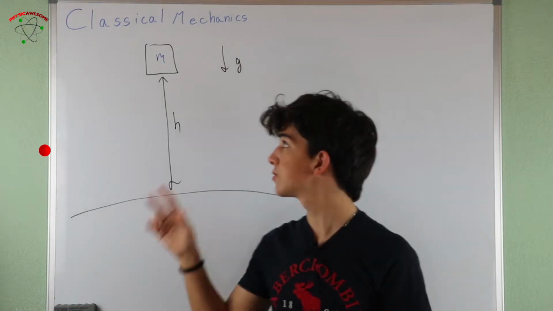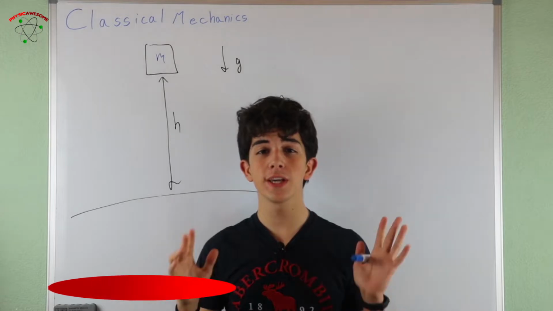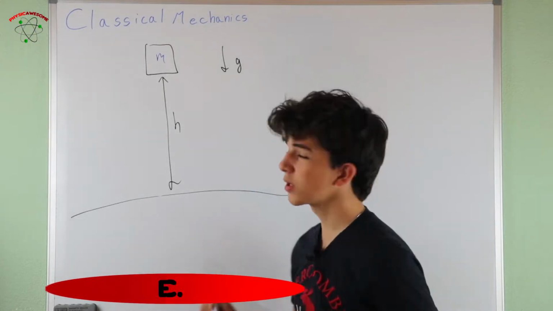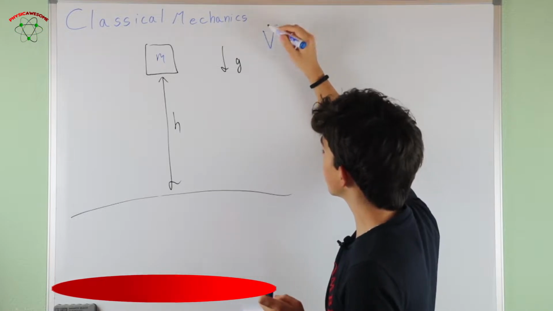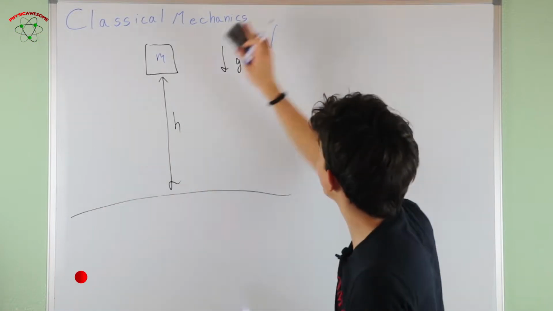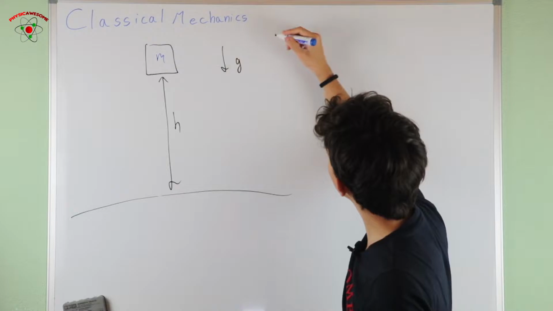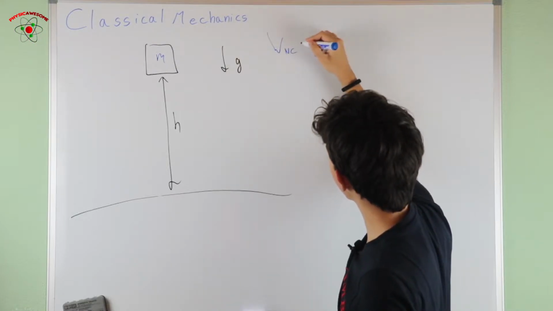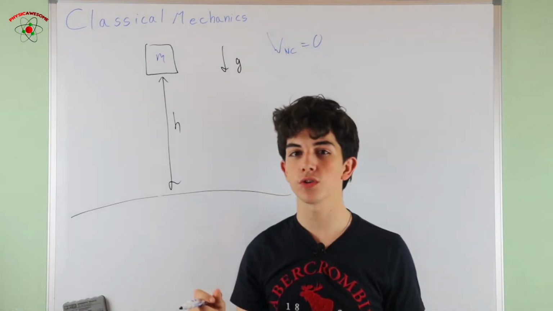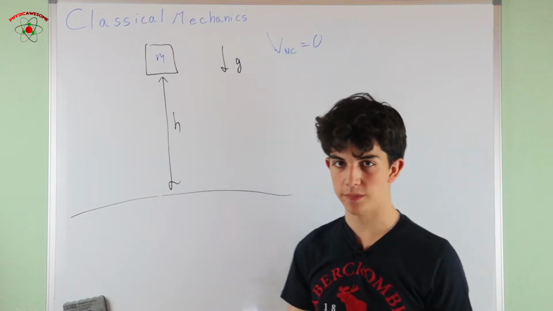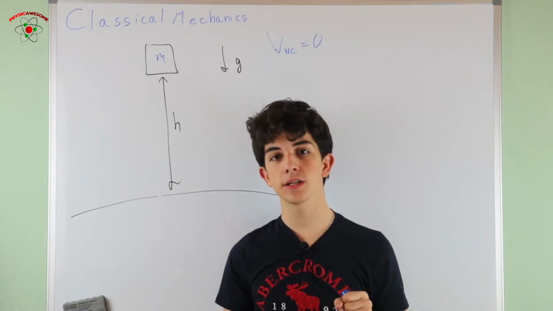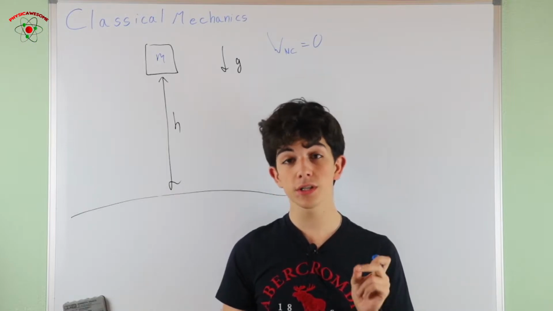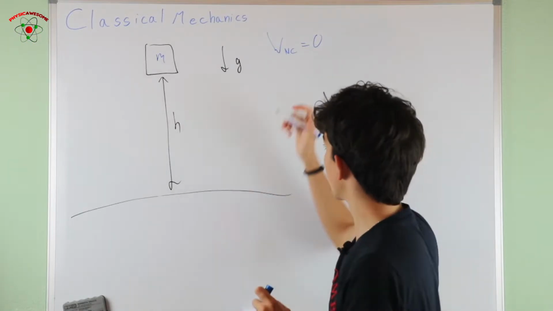Now let's try and solve this problem using energy principles. We know that the non-conservative work is going to be 0, because we're going to ignore air friction once again. Therefore, we know that the change in kinetic energy plus the change in potential energy equals 0.